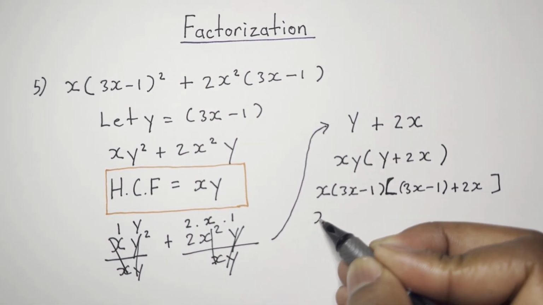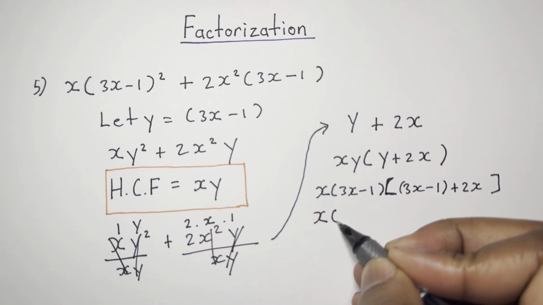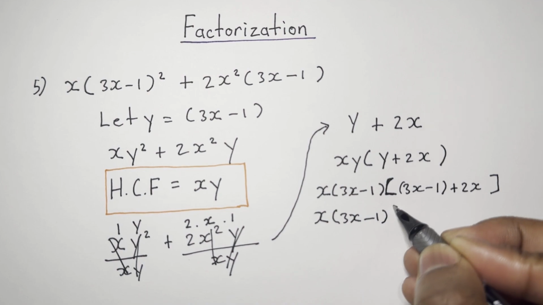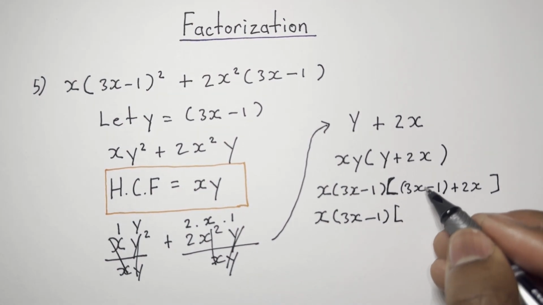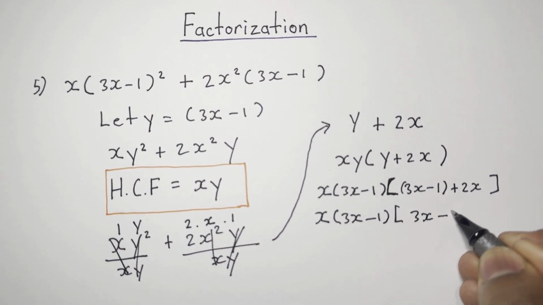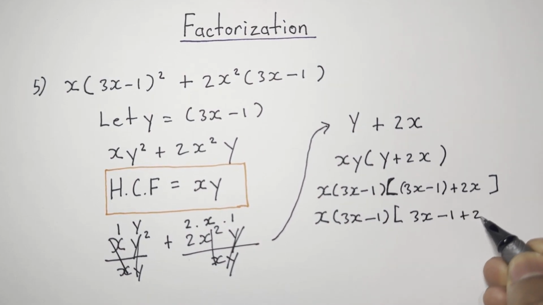So let's continue. 3x minus 1. We're going to remove the parentheses. So we're left with 3x minus 1 plus 2x.